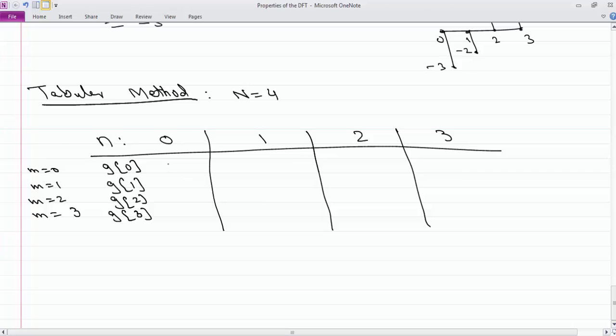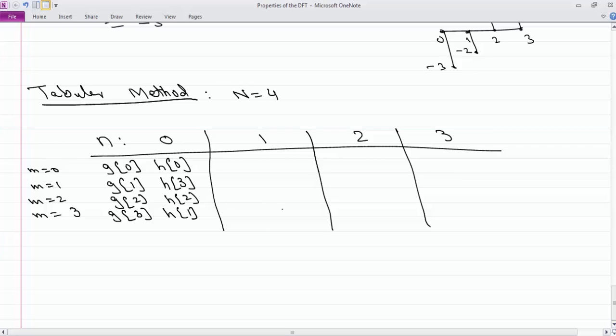Now, for n equal to 0, this is the only thing you have to write. You have to do the circular flip. So what is circular flip? For m equal to 0, it is h0. So we keep index 0 fixed, and then we start counting backward. So we then write h3, h2, and h1. So the first value is always h0, and the second one will be h(n minus 1), and then you keep on going down till h1.